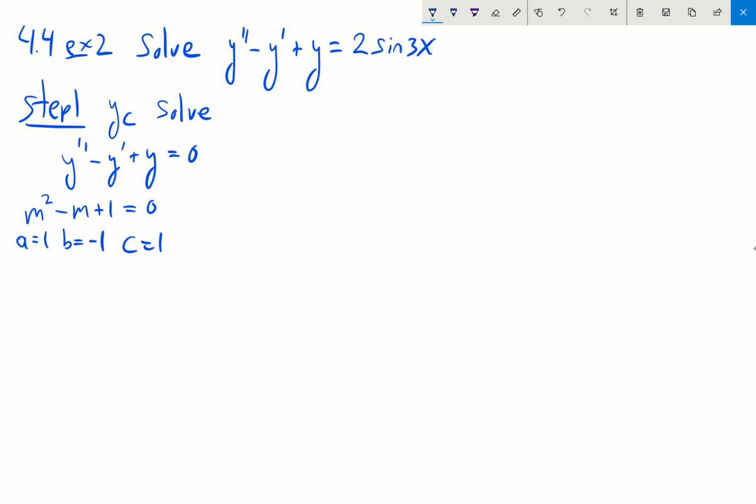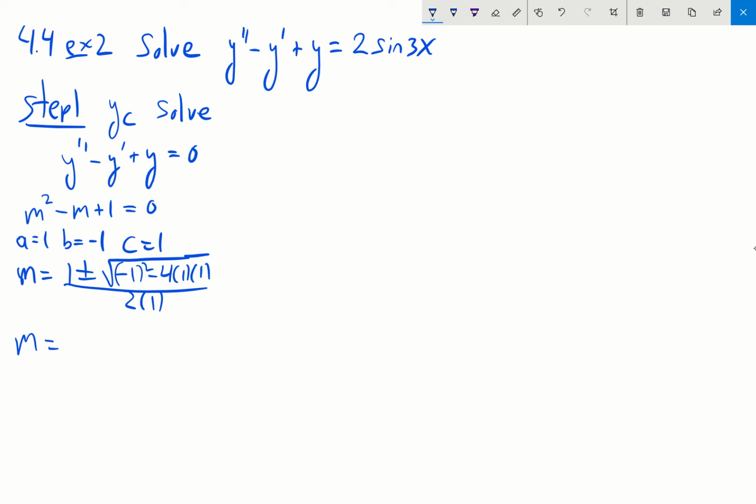So we get that m equals the negative of b, that's the negative of negative 1, which is positive 1, plus or minus the square root of b squared minus 4 times a times c, all divided by 2 times a.